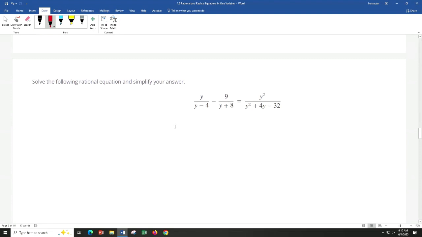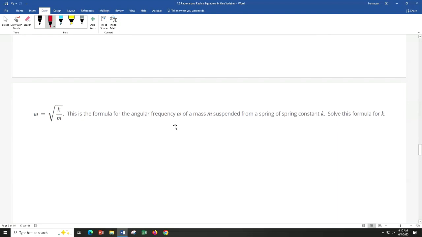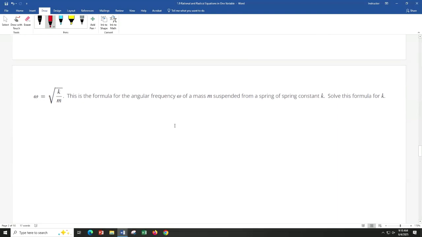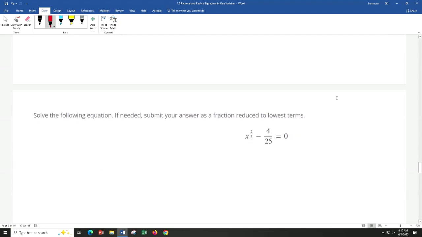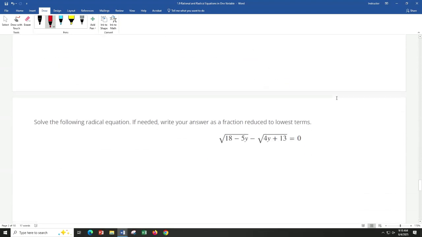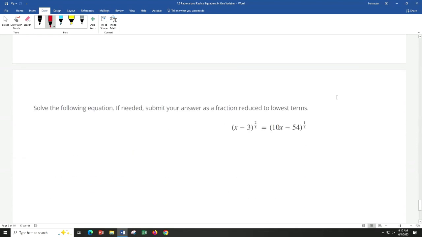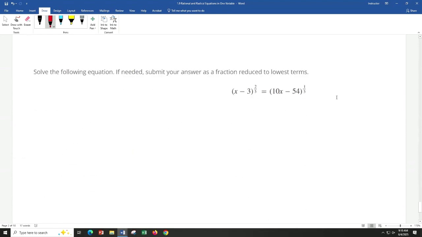You've seen that. Am I solving or am I simplifying? Solving, exactly. This one right here, what are we solving for? Solve for k. Almost exactly what we just did, isn't it? Almost. And then you got that one. So pretty good. You got a pretty nice professor to give you all these examples. So.